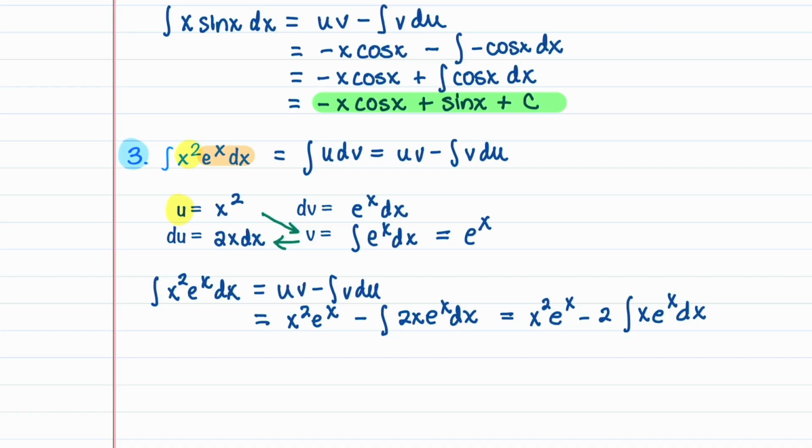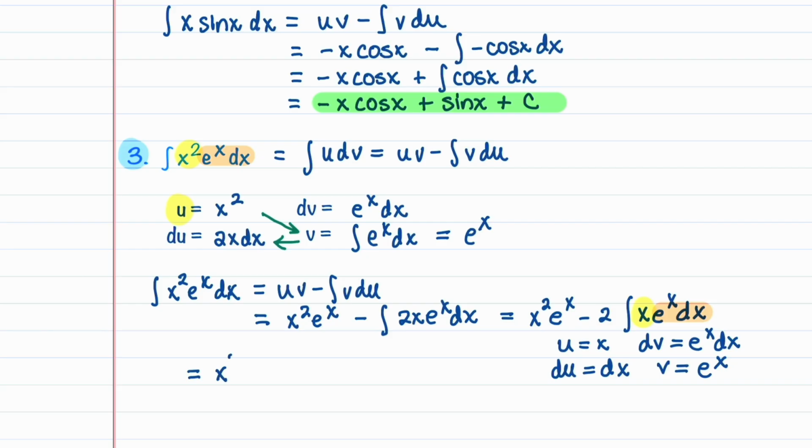We're going to let u be equal to x, dv be equal to e to the x dx. This gives us du is equal to dx, and then v is the integral, and that's just going to be e to the x.